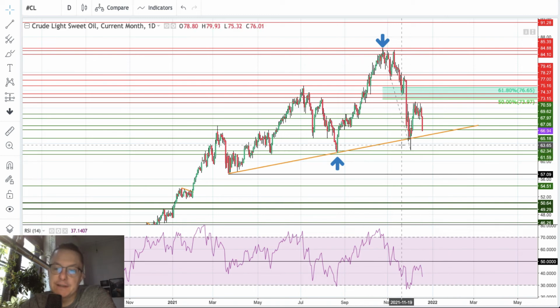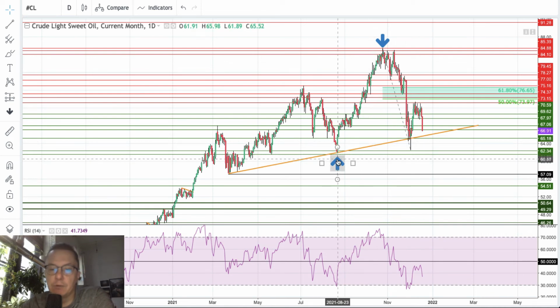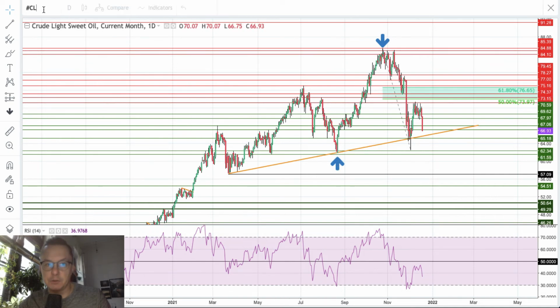But first we need to definitely break below the golden trend line, the lows of this candle at 62.43, and then below the 61.59 technical support marked with my blue arrow. So please keep an eye on the crude oil as well. Very interesting movement just before Christmas and at the beginning of the new trading week.